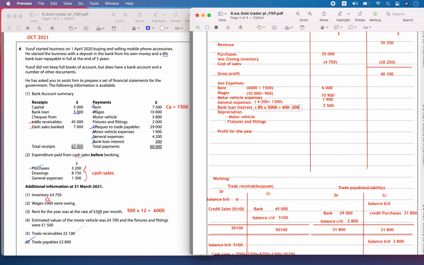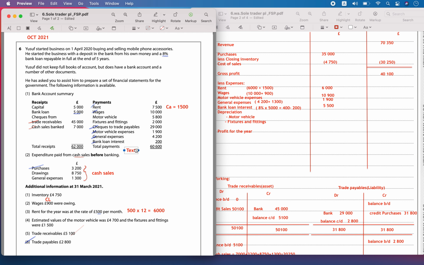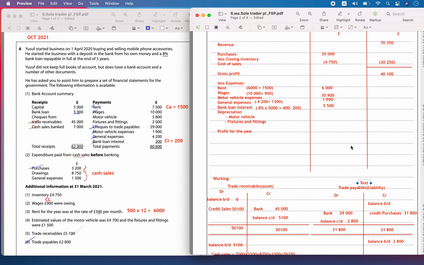That is owed expense. The owed expense is still existing, so this becomes a current liability of 200, but the actual interest they are supposed to pay we have to include. This year's loan interest should be 400.